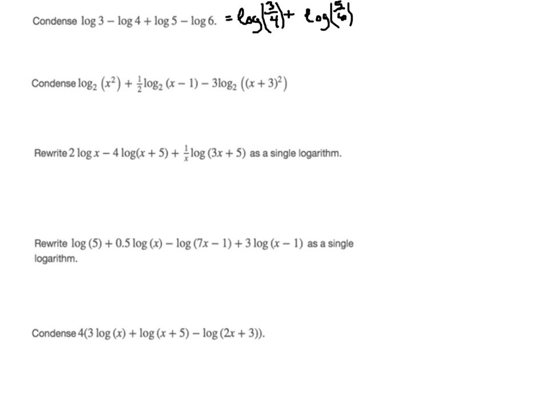So the log of 3/4 minus the log of 5/6, or plus the log of 5/6.